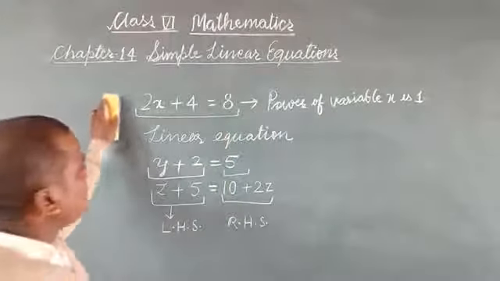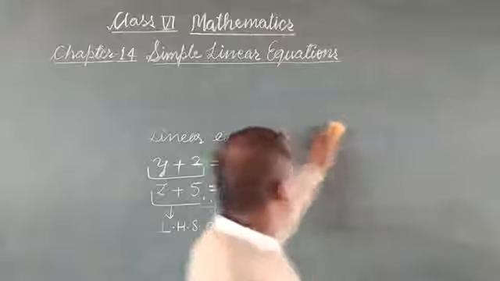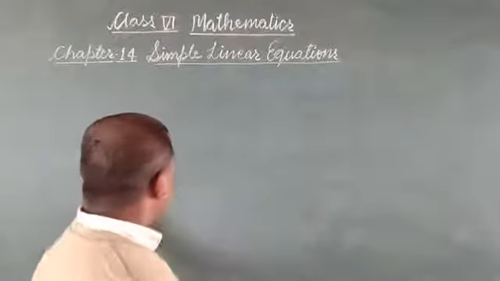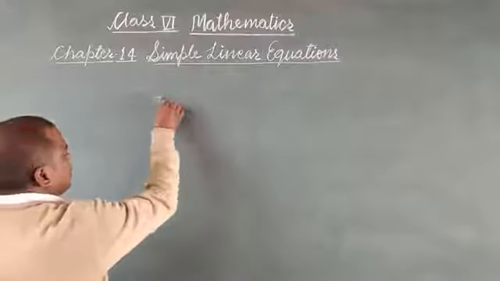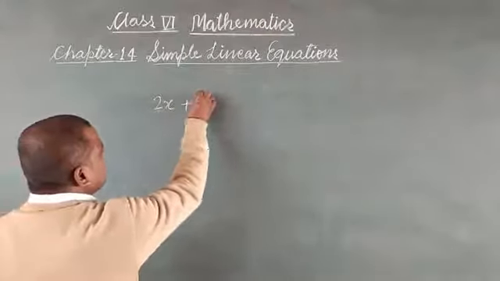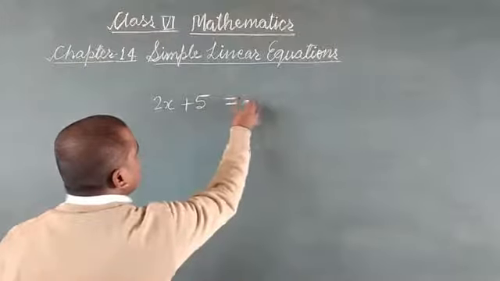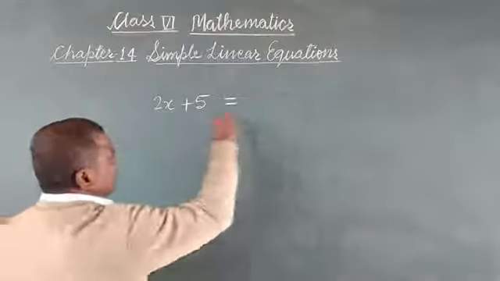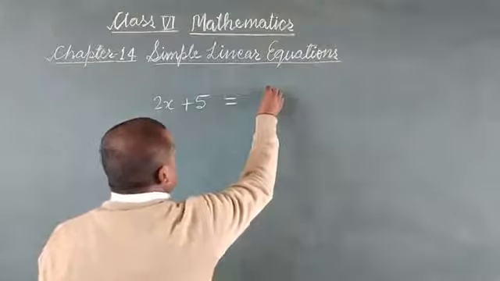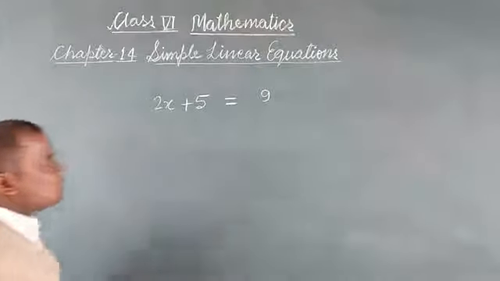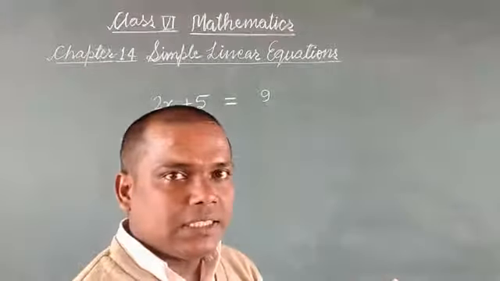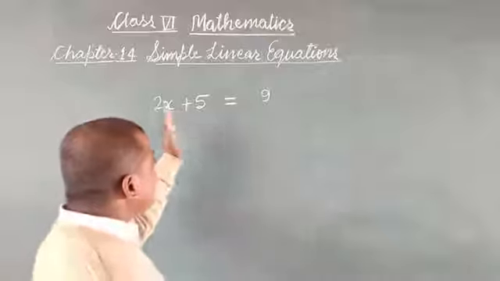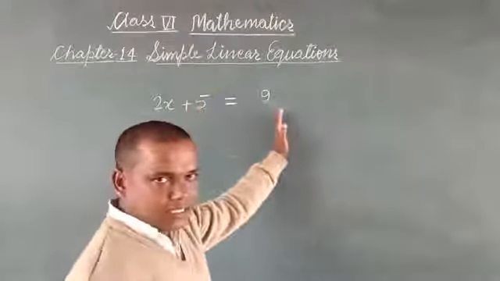See with an example. Suppose I have equation 2x plus 5 is equal to 9. I can add any number to the left side and right side.